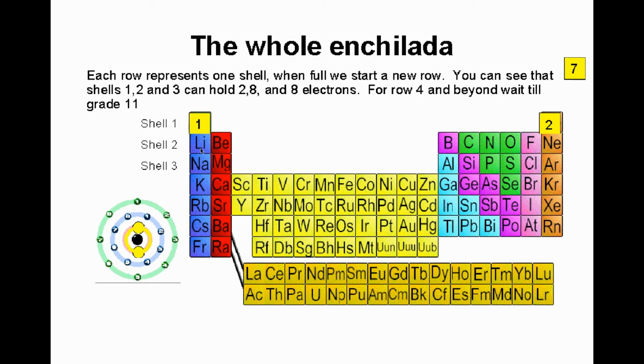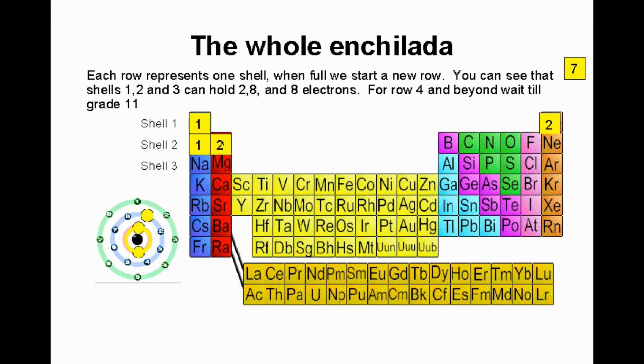We now move to element 3, which is lithium, which needs 1 more electron. But notice, why does this just say number 1 here? Lithium has the first 2 electrons plus another one in the new shell, so it looks exactly like hydrogen from the outside. It has a single electron on the outer wall.